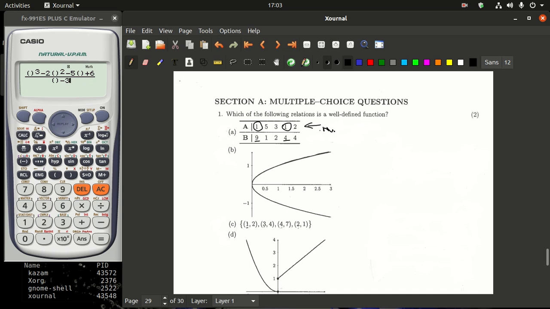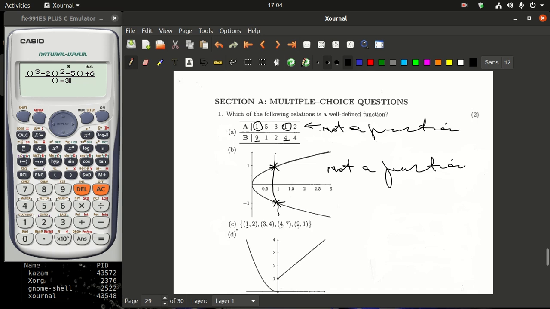So this one is not a function, because we don't want input values to be repeated. And when it comes to this one, if you place a vertical line here, it cuts the curve there, and cuts the curve there, so it cuts it twice. So the vertical line test is saying that cutting this more than once means not a function.